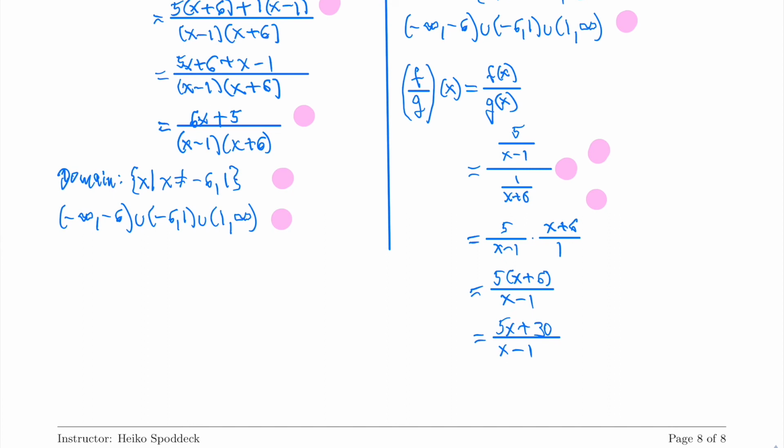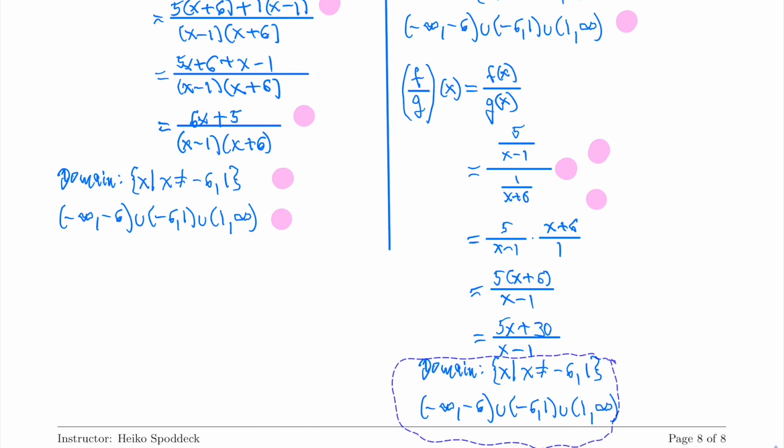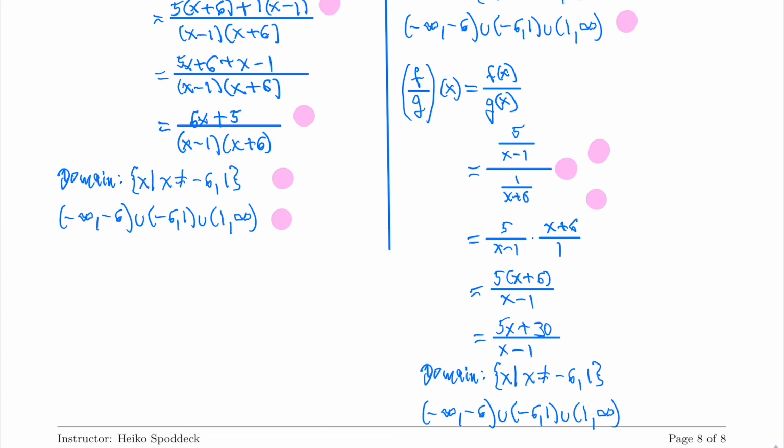Even though at the end, because we're multiplying by x plus 6, the x plus 6 disappears out of the denominator, we are still honoring that it was a denominator once, and therefore our domain remains the same: x cannot be negative 6 and it cannot be 1.